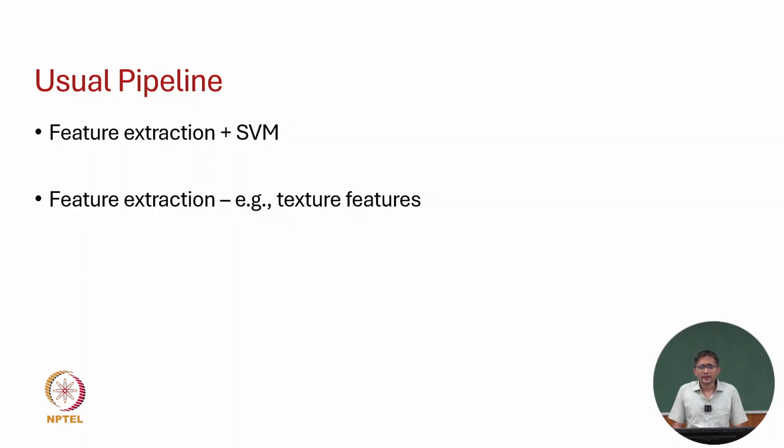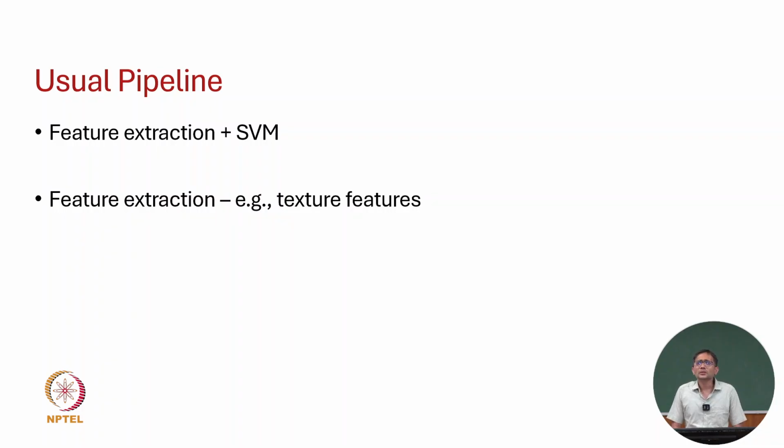However, the key message here is that this feature extraction pipeline is sort of decoupled from the later classifier pipeline. If you're doing Haralick's texture feature extraction, what's happening is that we're using a set of fixed equations.